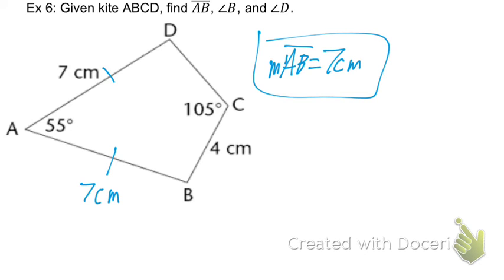What do we know about angles B and D in this problem? They're congruent. They're the congruent angles. Do we know what they are yet? No, so we can call them DX and BX. Now, what do we know about the angles of this shape? 360. How do we know the sum of these four angles is going to be 360?